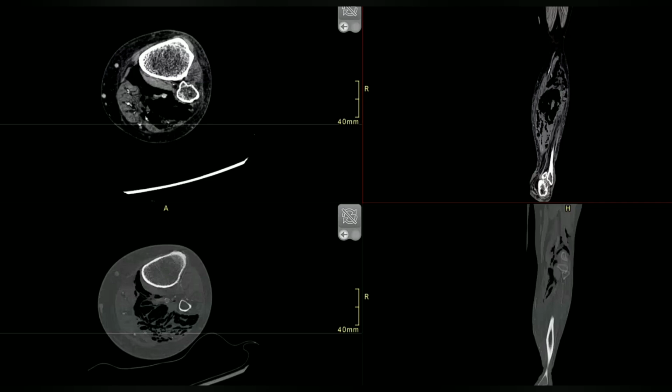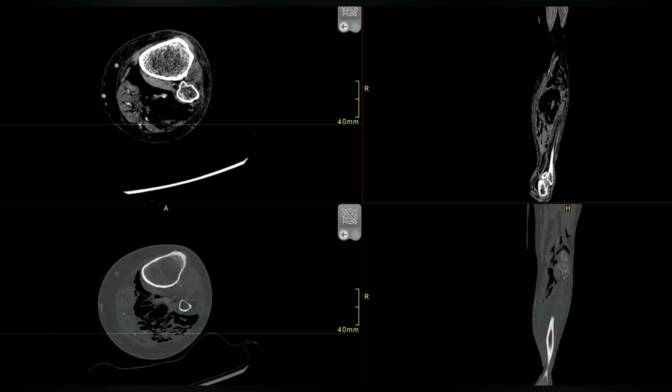Is there any history of trauma or injury? There's no history of trauma or injury. Is there any history of diabetes mellitus or something like that?